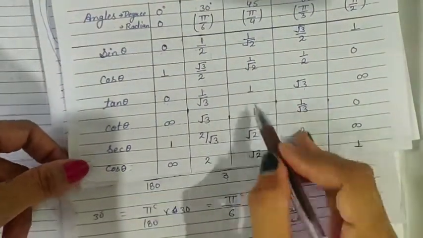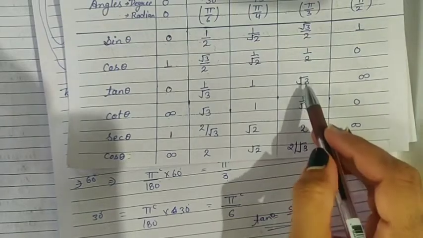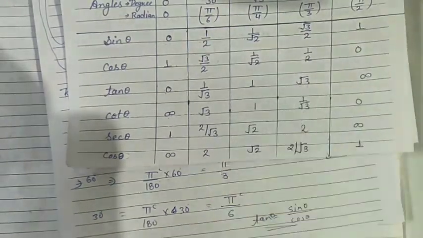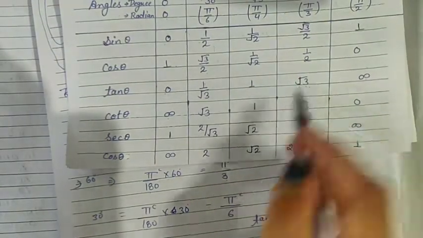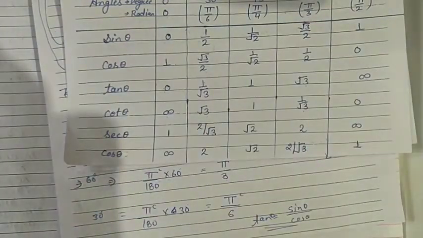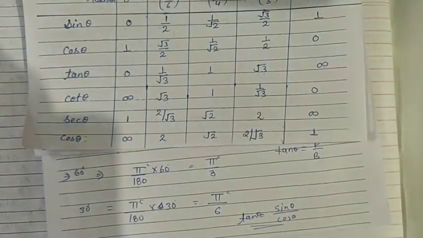Cot 45 is equals to 1. Cot 60 is equals to 1 upon root 3, because tan 60 is equals to root 3. So when I take inverse of this, then I get 1 upon root 3. So that is equals to cot 60. And cot 90, that is equals to 0.